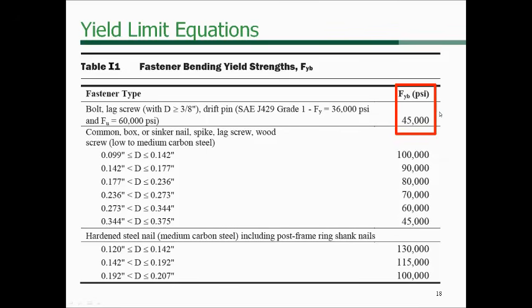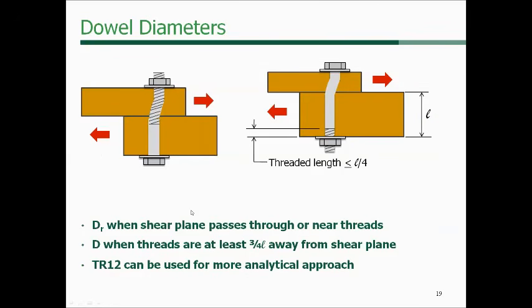What we assume for bolts and lag screws is 45,000 psi. And that's an average of tensile yield and ultimate strength of those fasteners. So there's more background in Appendix I that'll talk you through that. If you know you've got bolts or lag screws or other fasteners with higher capacities, you could certainly plug those into a spreadsheet and use those for your calculations, but that's what's assumed throughout the NDS for a dowel bending strength.